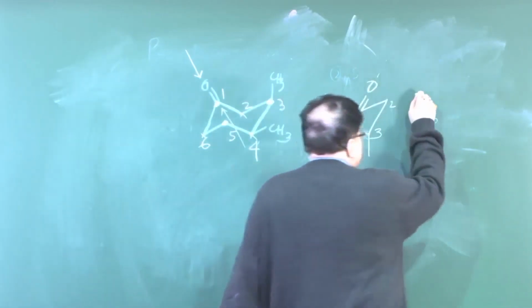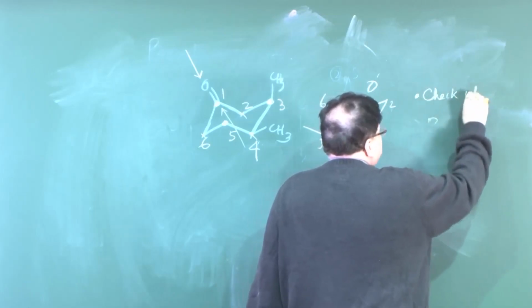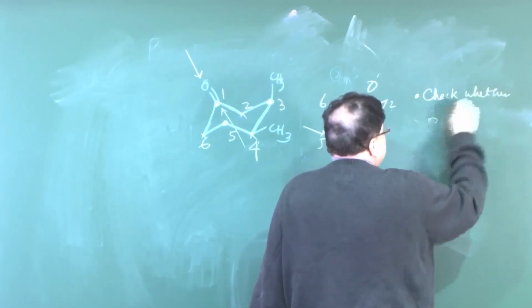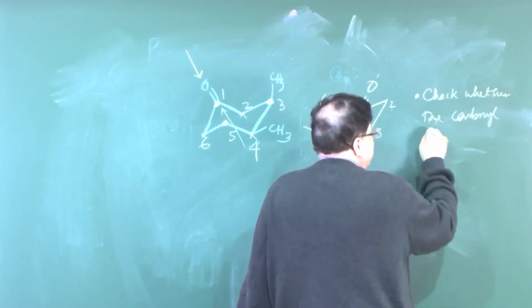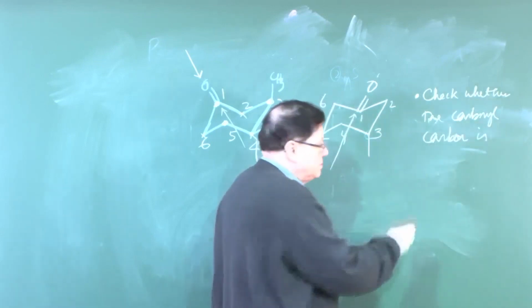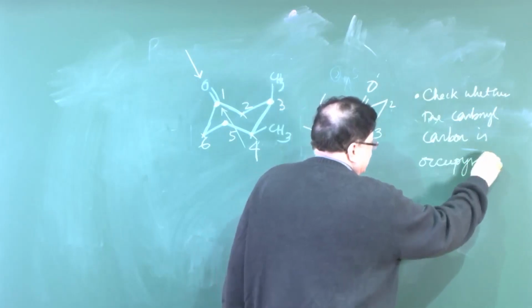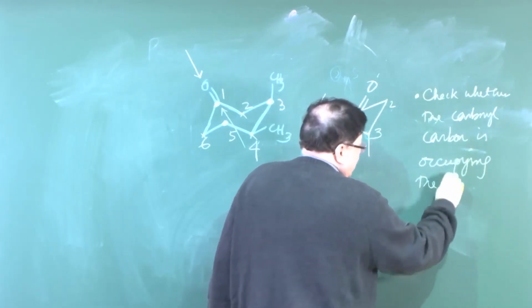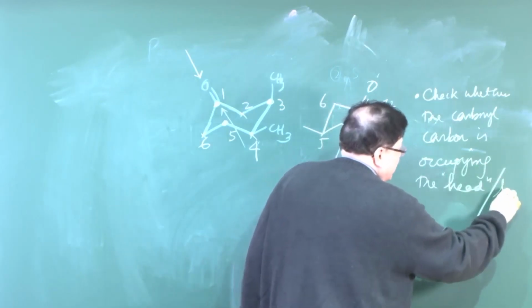So the rule basically is: check whether the carbonyl carbon is occupying the head or leg of a chair.